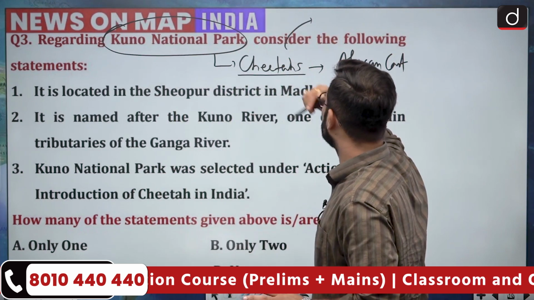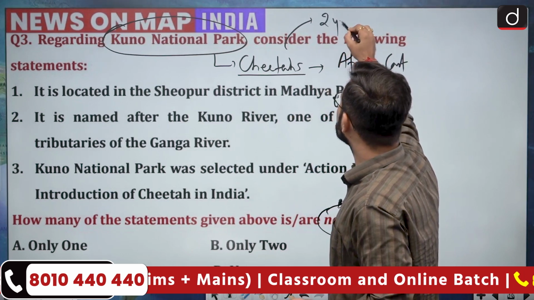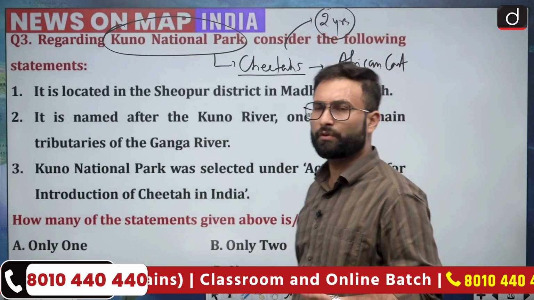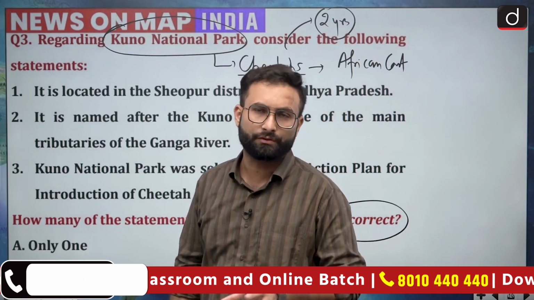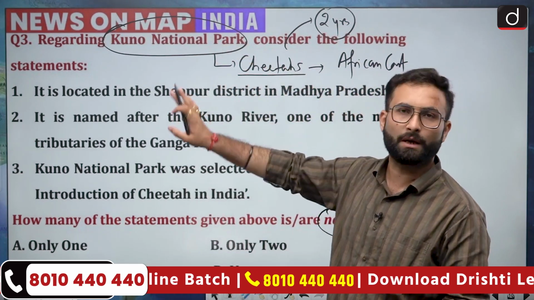There was this reintroduction project, Project Cheetah, and 2 years have been completed. There was a report with respect to the efficacy of this project, which we are not going into the details of, and because of that Kuno National Park was in news.